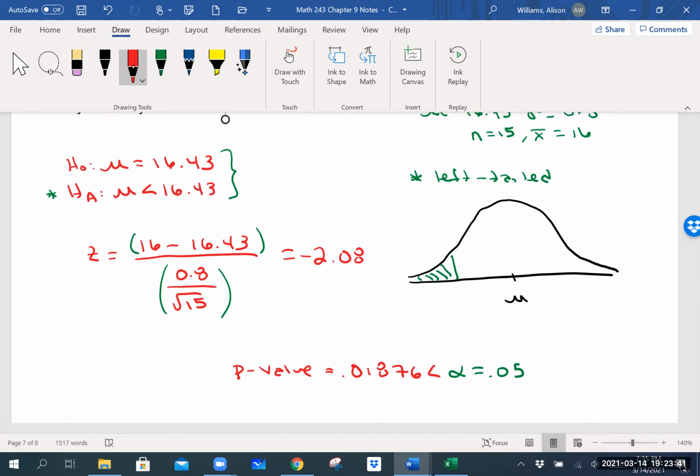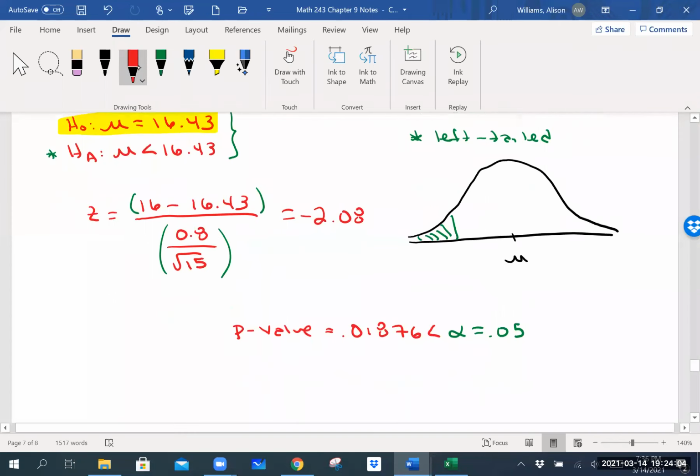So because my p-value is smaller than alpha, what we're saying is that this sample has such a low probability of occurring, about 2% probability, that's so low, we think it's super unlikely. And therefore, we made a bad assumption. And that bad assumption was the initial null hypothesis.